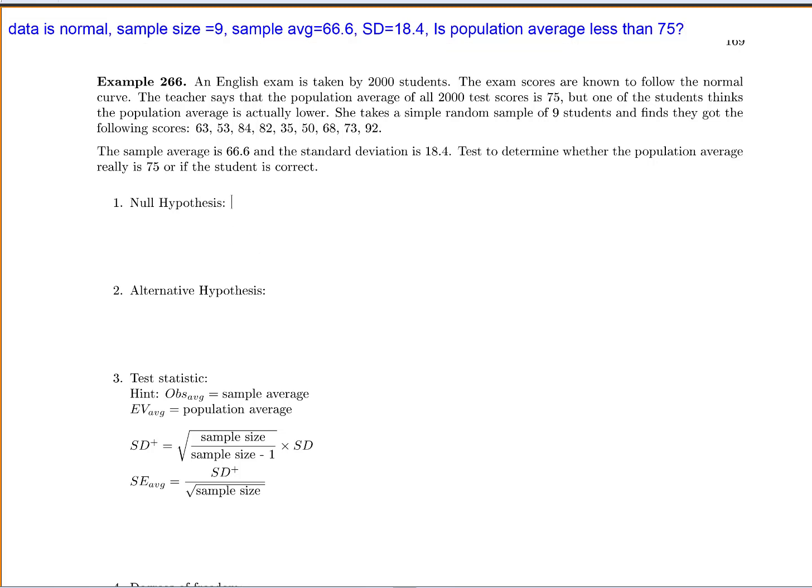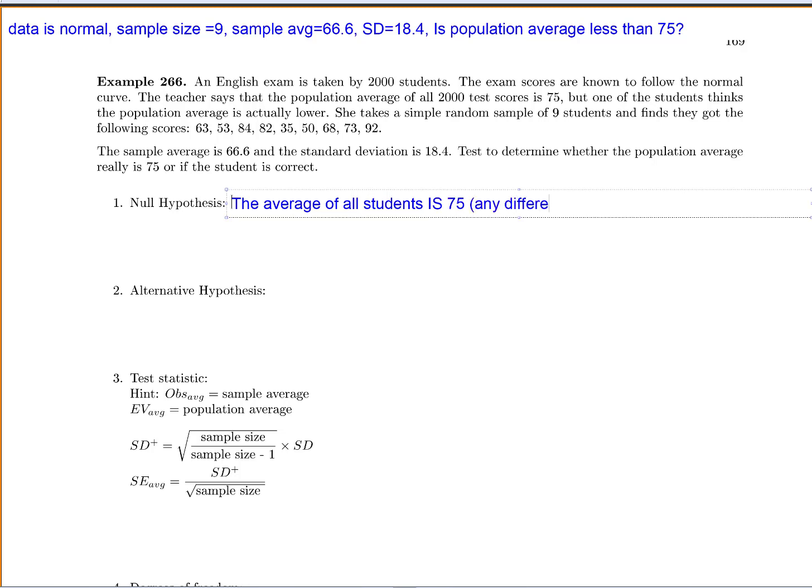So null hypothesis. The null hypothesis is always the boring, equals to, status quo, teacher's right. So this would be that the average of all the students is 75.